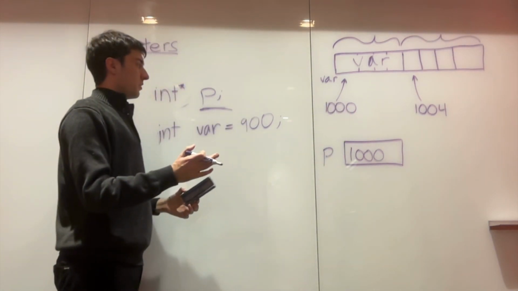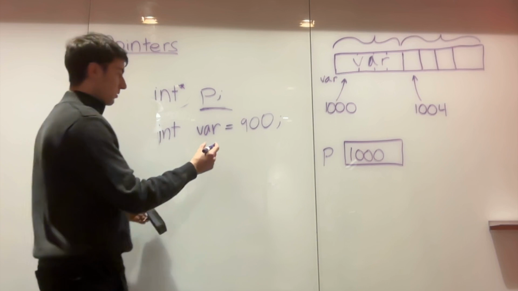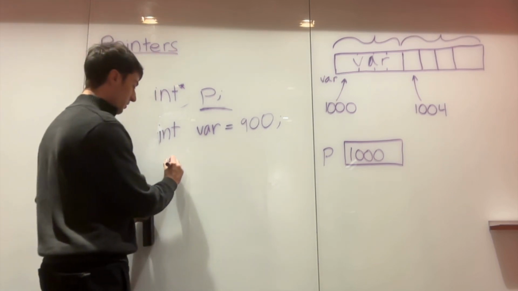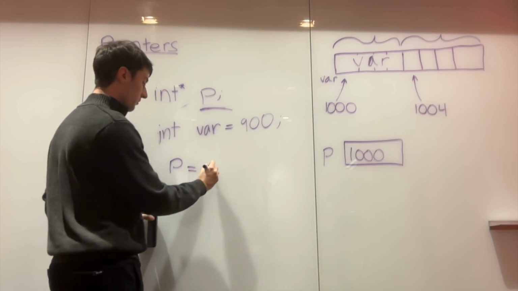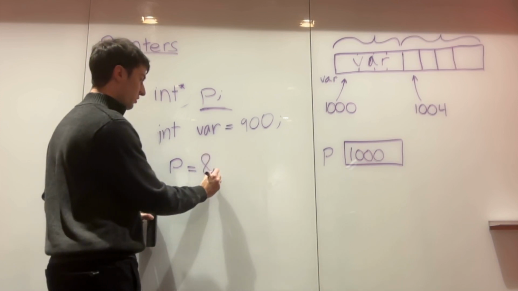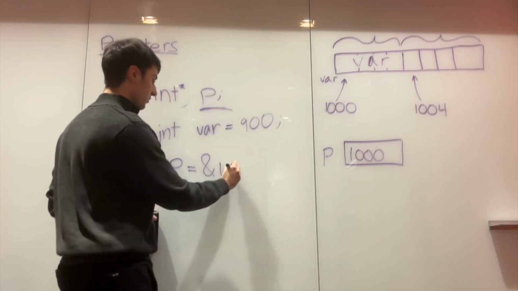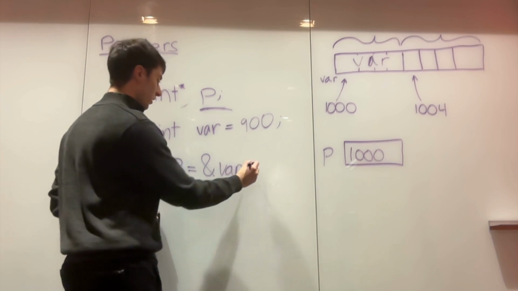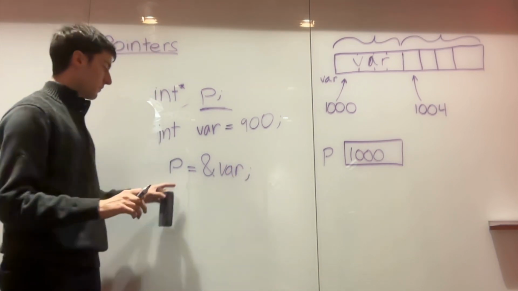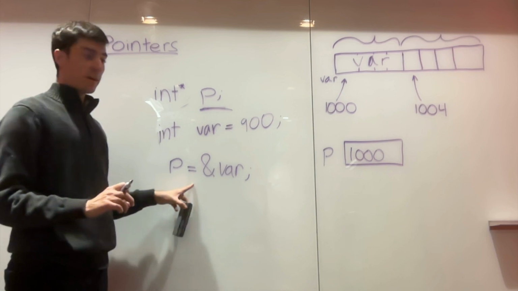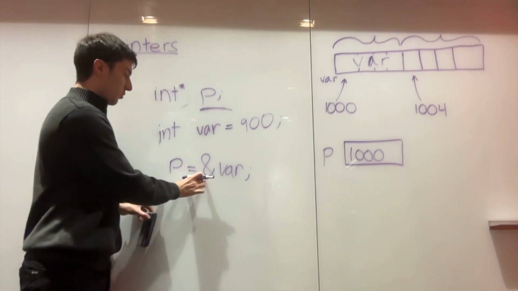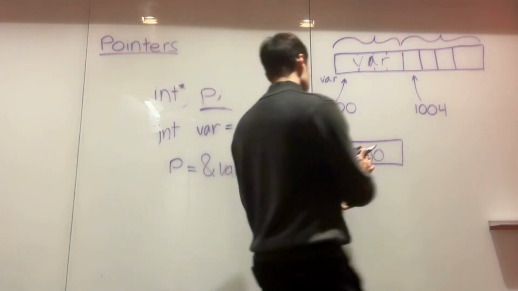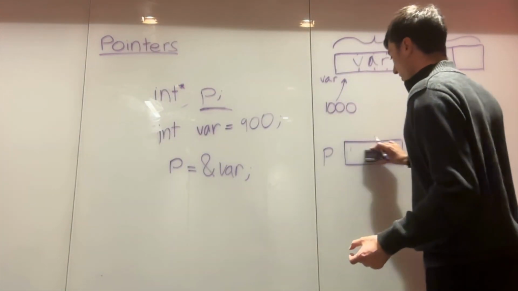Okay, so now what we can do is we do p equals address of var. Okay, so now we have an assignment operator, right? We have equals, so p equals. Okay, so here's p, and what goes inside of p?